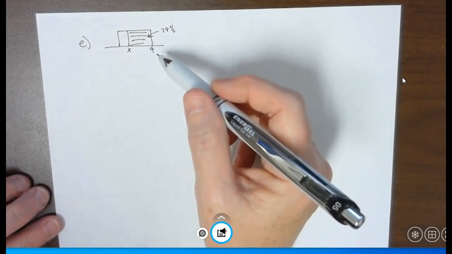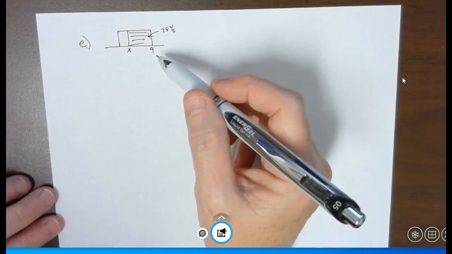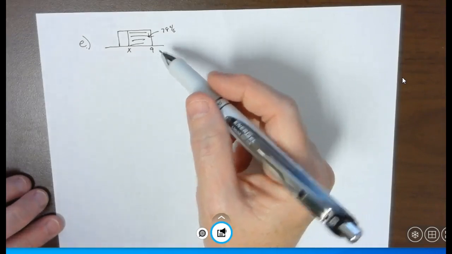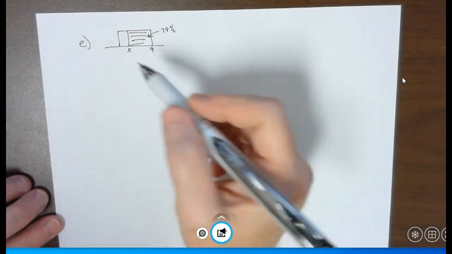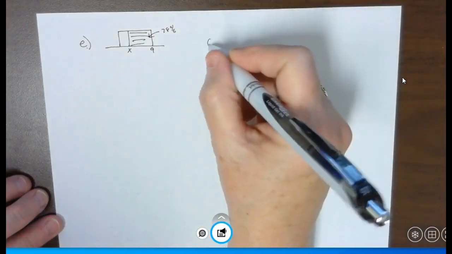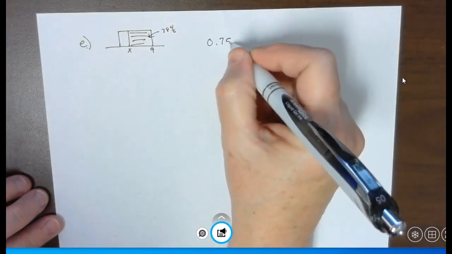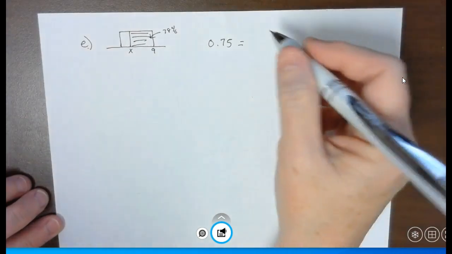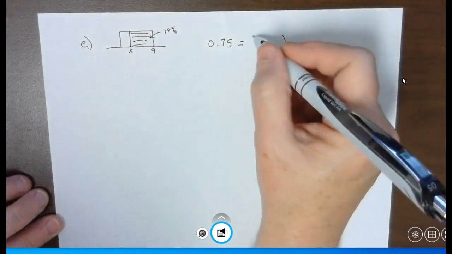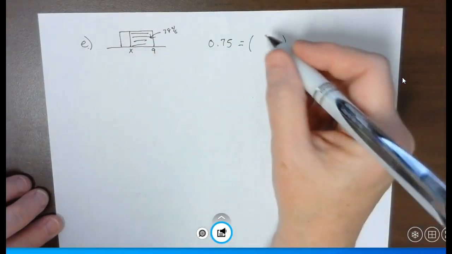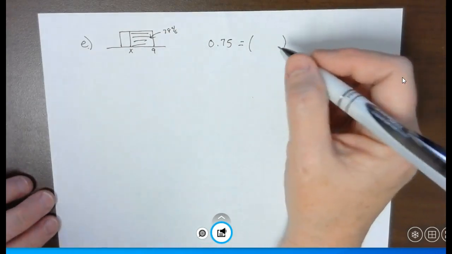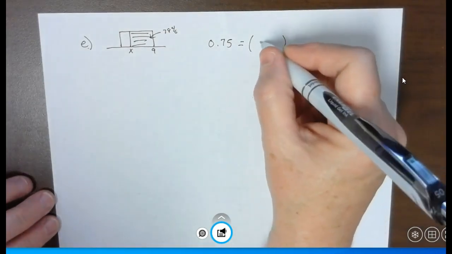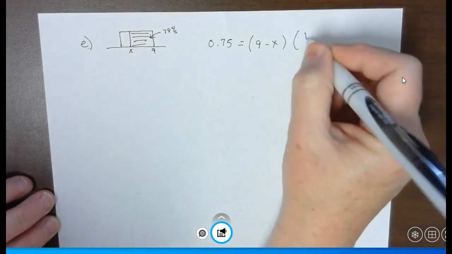Okay, so I've done a little picture of what we're looking for. 78% of all customers wait at least how long for the train in minutes. So we're wanting to find out what this value is. So this time we're given the probability, and we want to find out this x value. So again, you can look at the formulas, and it kind of gives you an idea of which one to use.